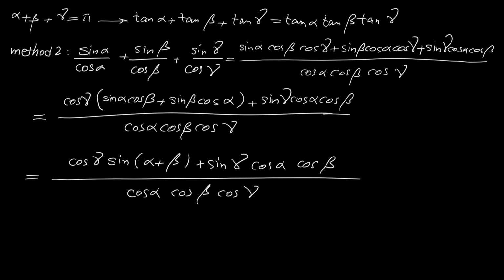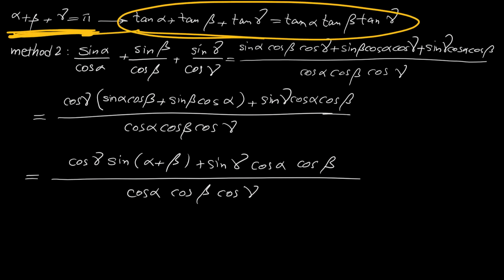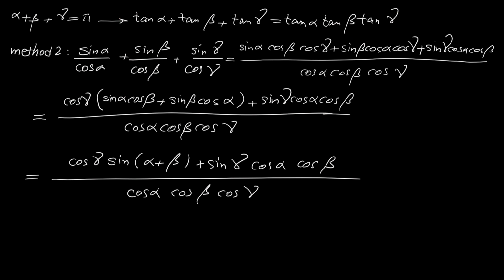So far in this solution, if you pay attention, we never used the condition that we had for alpha, beta and gamma. This is the first time that we want to use this condition. Of course, we have to use that condition during our solution, because under this condition, this is true. Alpha plus beta plus gamma is pi.